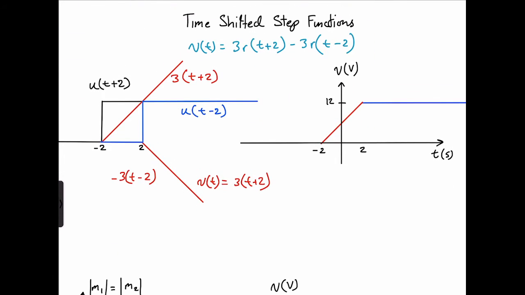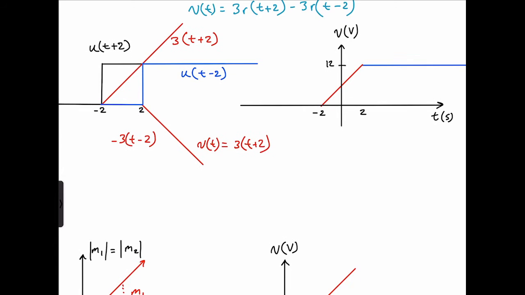If we write out the first of the two, in all we have 4 waveforms. The first one is the unit step function, which is in black, and then the first red ramp function. So let's write that out, u of t plus 2. That's the first, right? We can call that waveform 1 if we wanted to, but let's not do that.